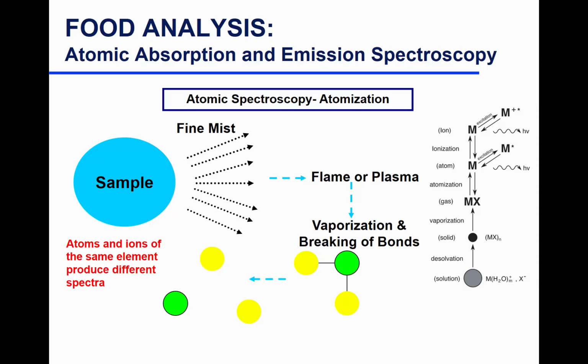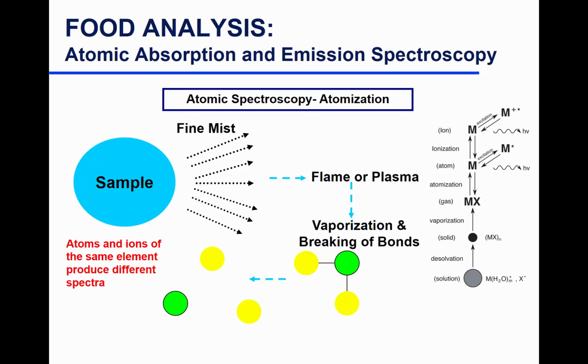Now, one thing we do not want to happen is for your atom to ionize. If the flame is too hot, your atoms may ionize, and if they do, they absorb light differently. So you want to make sure that you measure in the atom state, not in the ion state.